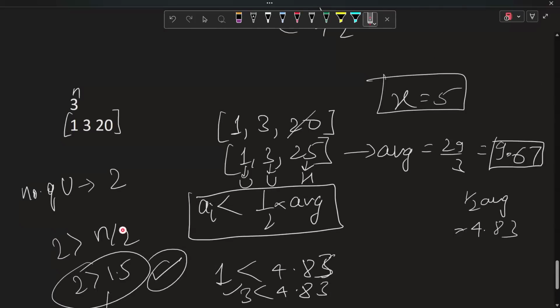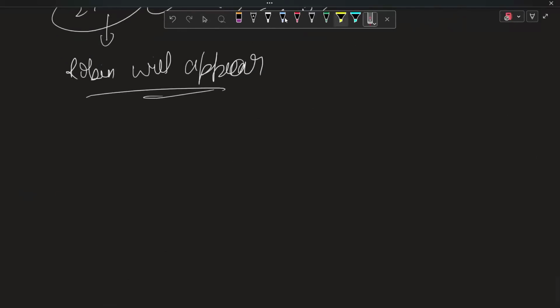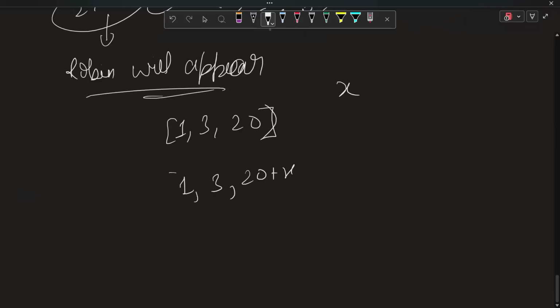Instead of taking a fixed x, let's suppose x is a variable for now. For this array, 1, 3, 20, let's suppose we increment the maximum by a value x. It would become 20 plus x, 3 and 1. This would be my new array. My average would be 1 plus 3 plus 20 plus x divided by 3.